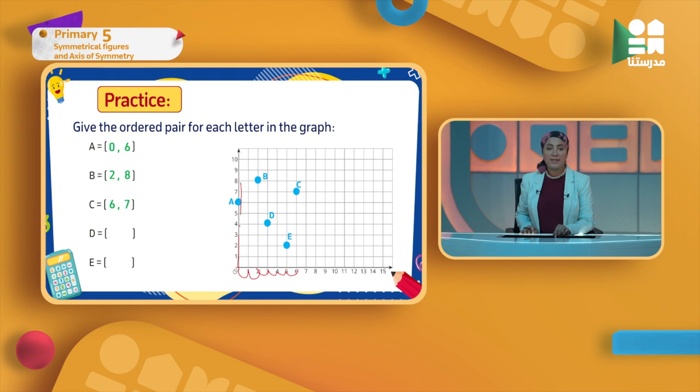So it is 6 and 7. The same goes with D. On the x-axis point D was 3 and on the y-axis 4. So it's 3 and 4. And the point E on the x-axis is 5 and on the y-axis it's 2. So it is 5 and 2.